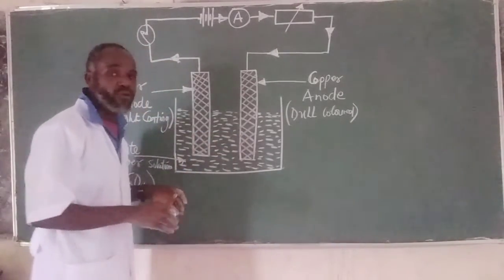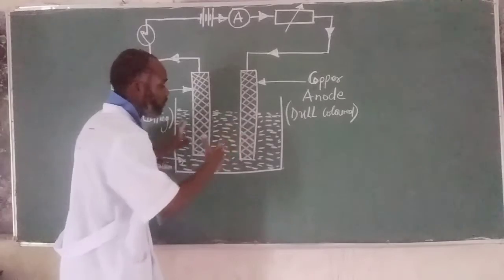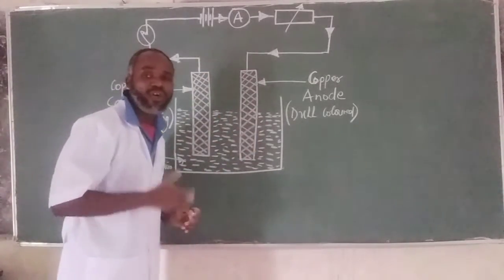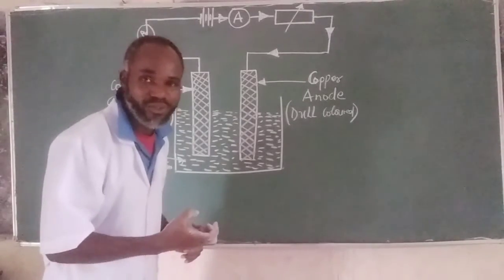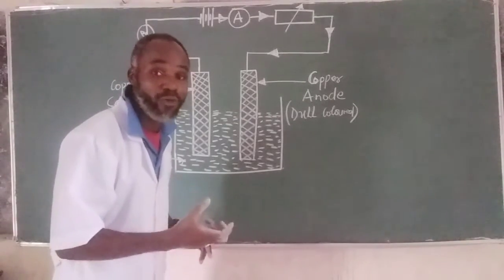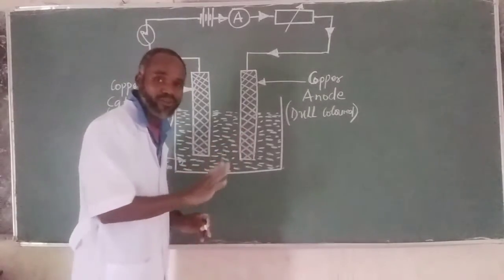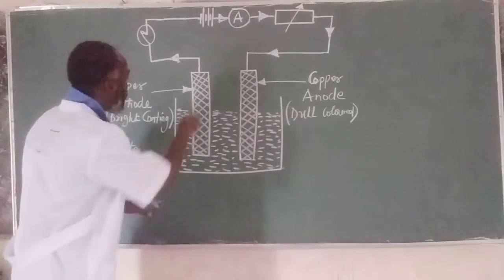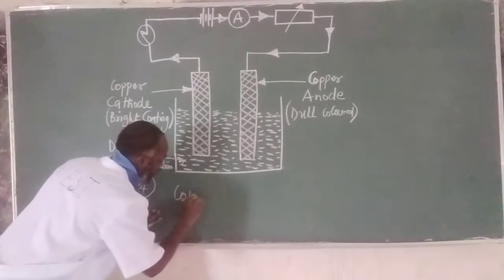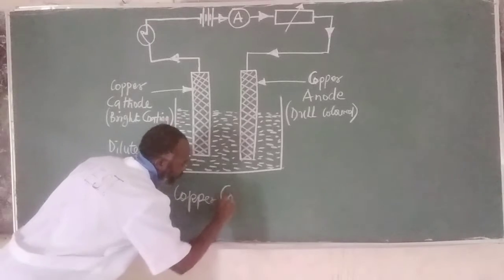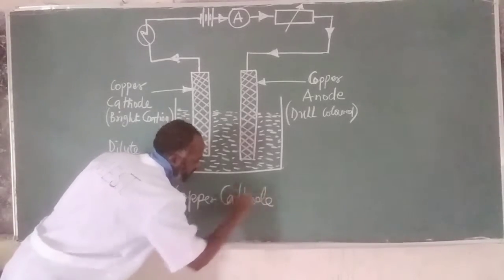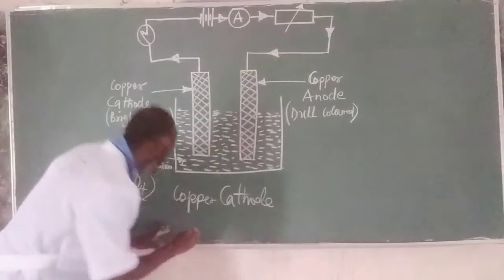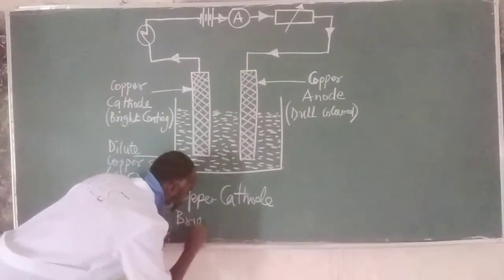bubbles will begin to form around these electrodes. But it all depends on the nature of bubble or color being formed around these electrodes. After some time, it is noticed that around the copper cathode, a bright coating color is formed.